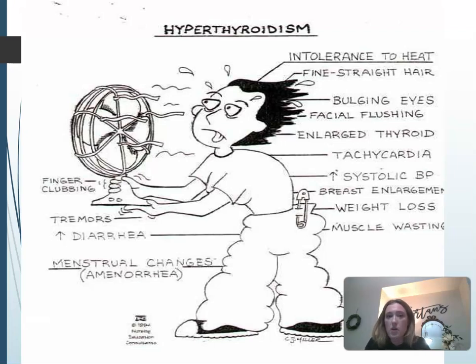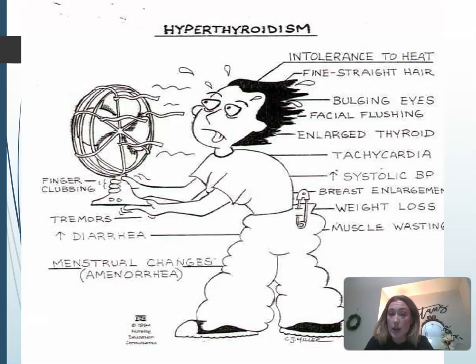For them, a lot of times they will have intolerance to heat, so they will be hot all the time. They can have fine, straight hair. They might have exophthalmos, which is bulging of the eyes. You can see in this picture, they may have an enlarged thyroid or goiter that we did talk about in class. Tachycardia, so things are increasing, right?